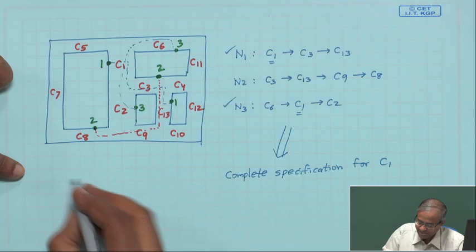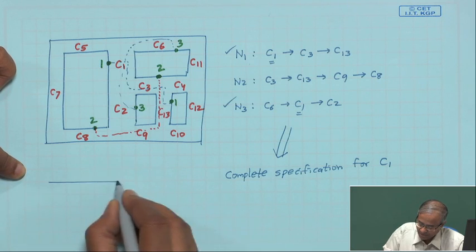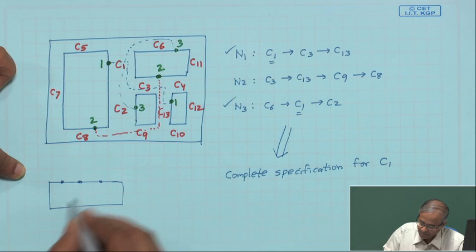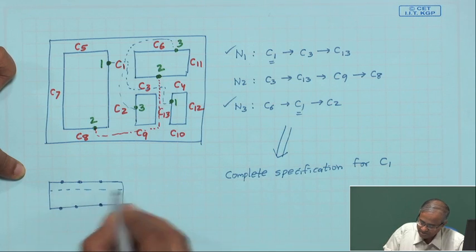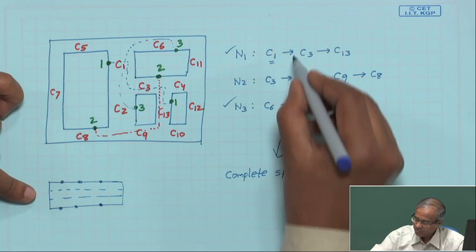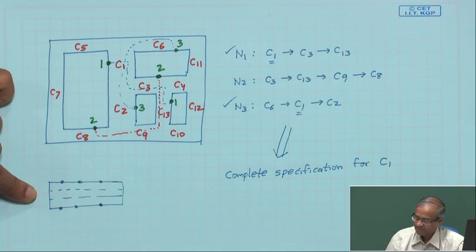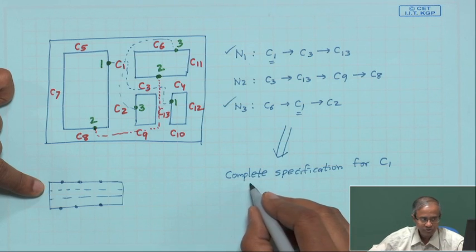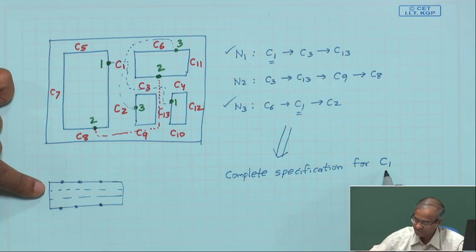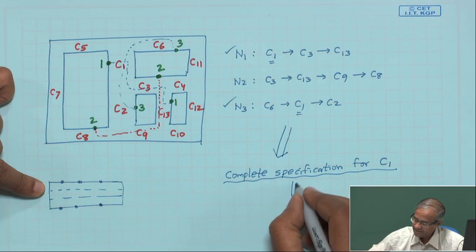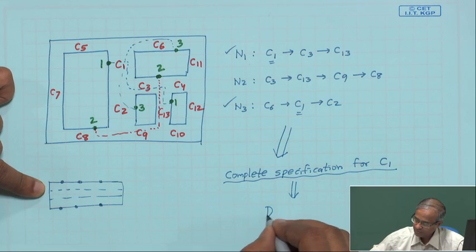A channel is a rectangular region, and we assume that pins are on the top or the bottom and the tracks will be laid out like this. From the netlist and the information obtained from global routing, we obtain the complete specification for this particular channel C1, and this is fed to the detailed router.